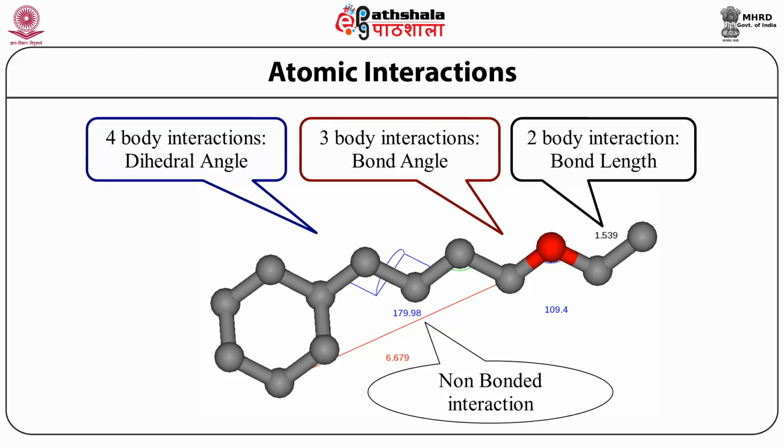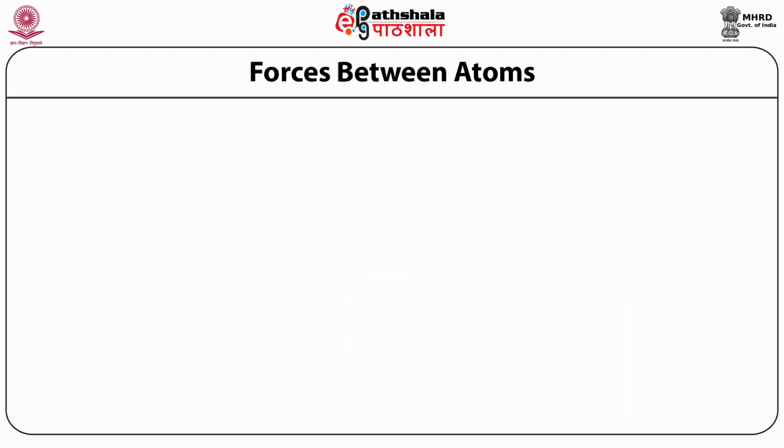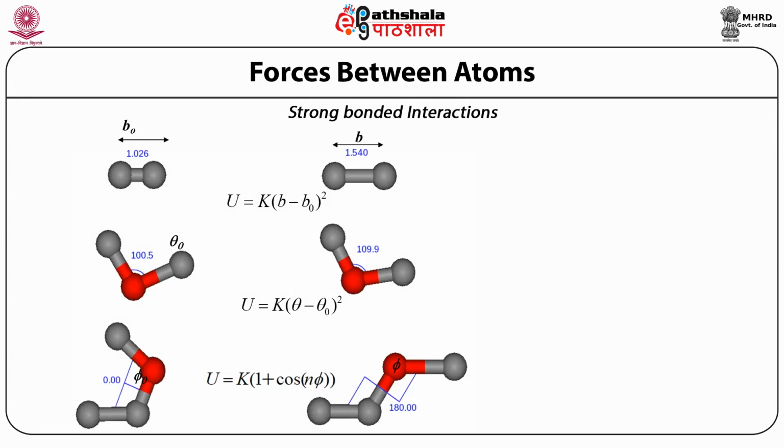Now we go to summarizing all the possible bonded interactions in the next slide. Here we show forces between atoms, so bond lengths. There are two types used for measuring the interaction energies, and all chemical bonds have a standard value, shown as B0, found within a limit of plus or minus error and used as a constant.